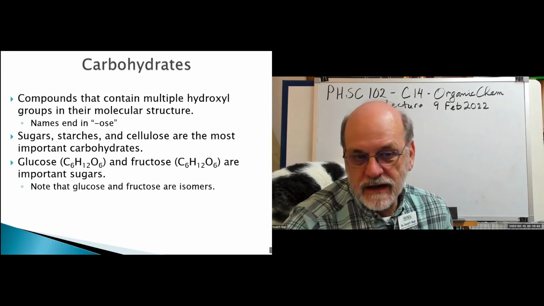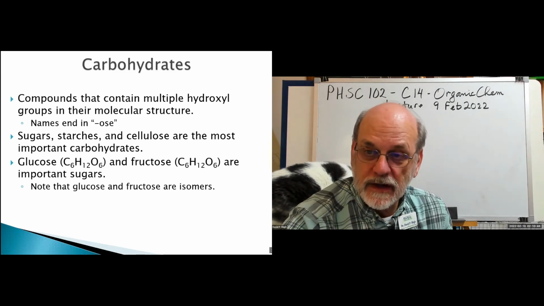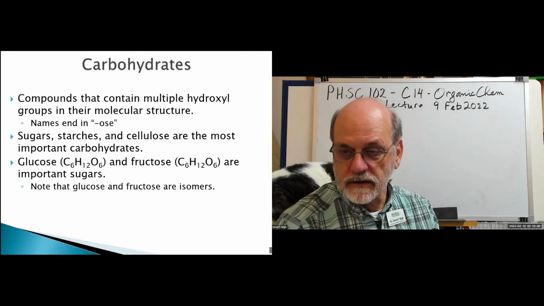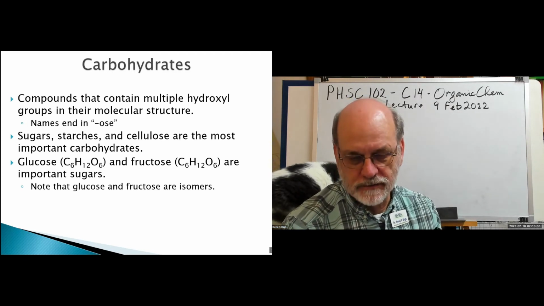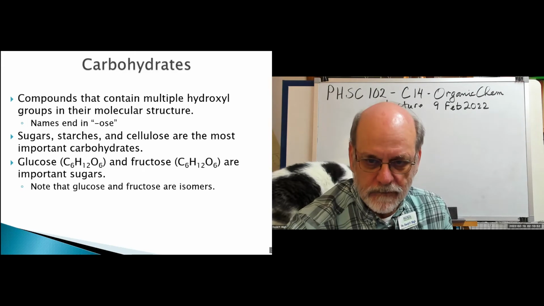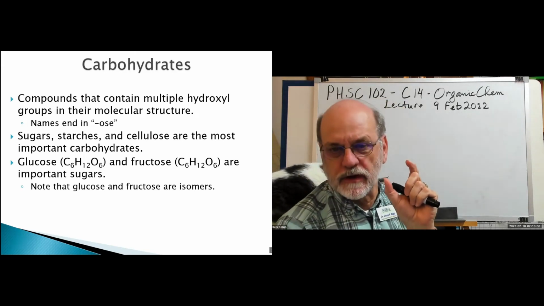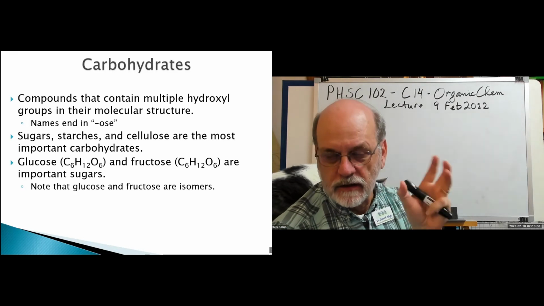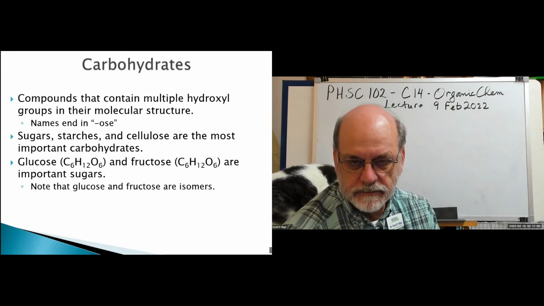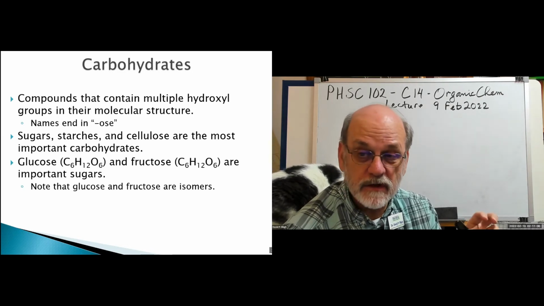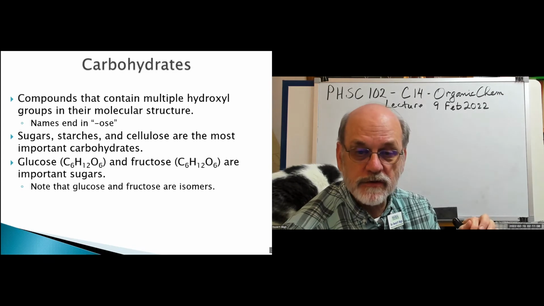And if we take glucose and fructose and bond them together, you get table sugar, sucrose. You'll also notice if you read labels of the foods that you eat and the drinks, if they're sweetened drinks, very often they'll be sweetened with what's called high fructose corn syrup.